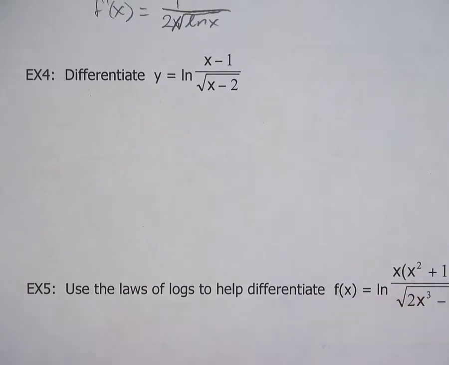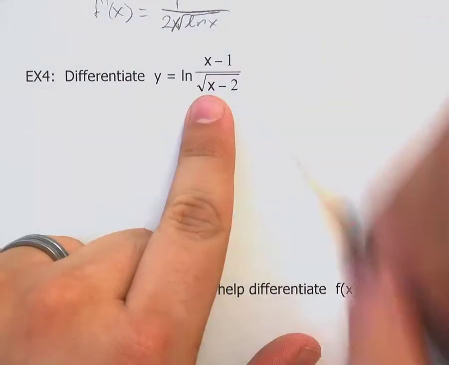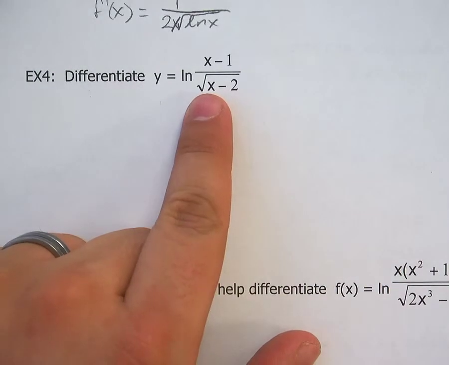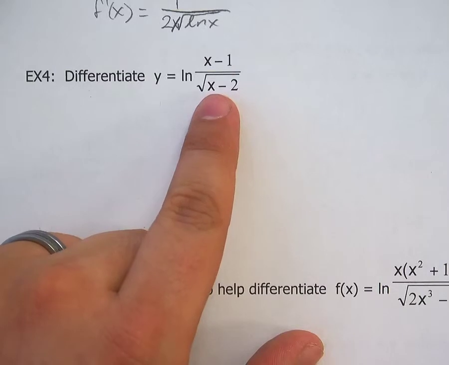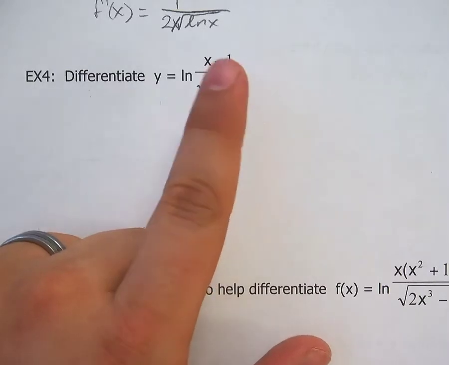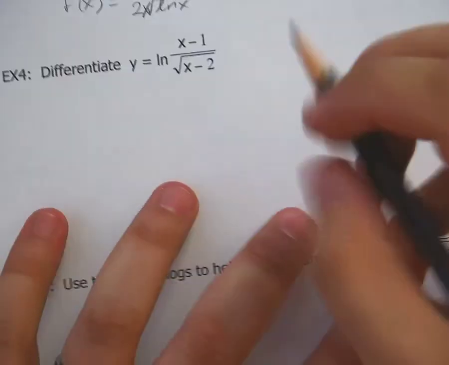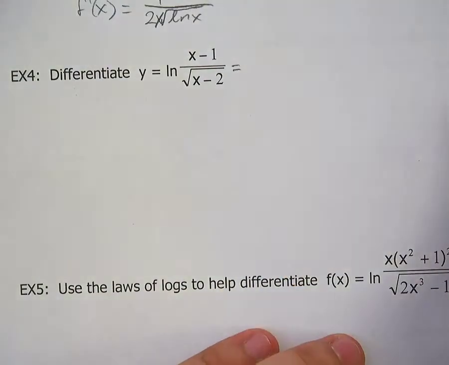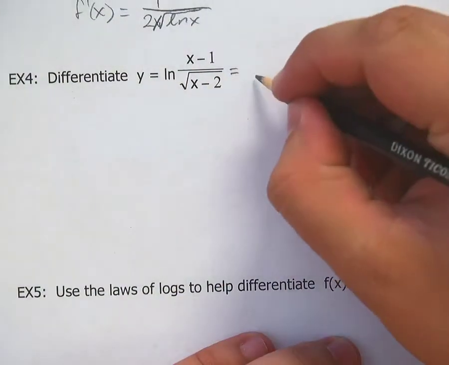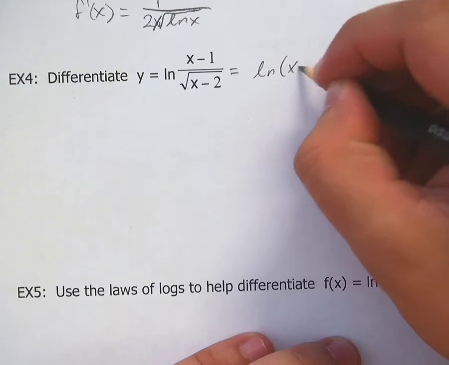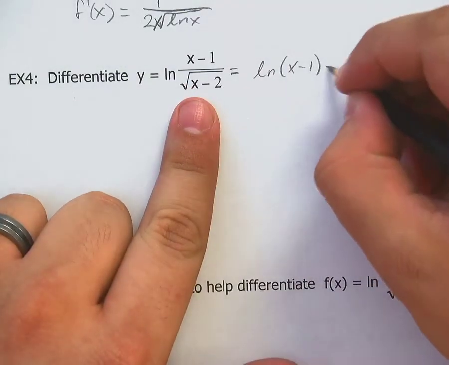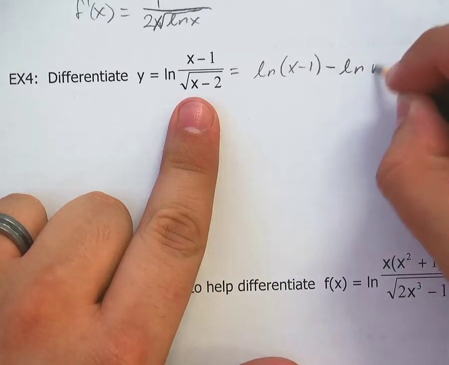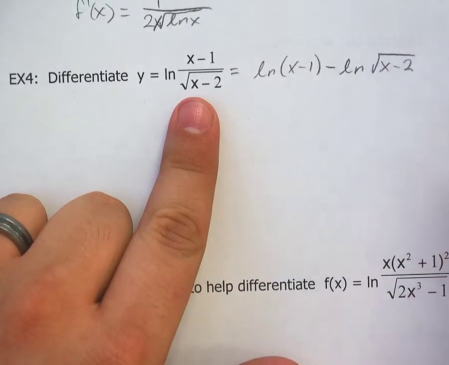All right, differentiate y equals the natural log. Now this is going to be a pain in the neck to try and do as a derivative, because you'll have to do a chain rule, you'll have to do a quotient rule, it's going to be a mess. Instead of that, let's split up the natural log of x minus 1, using our rules for logs, minus the natural log of the square root of x minus 2.